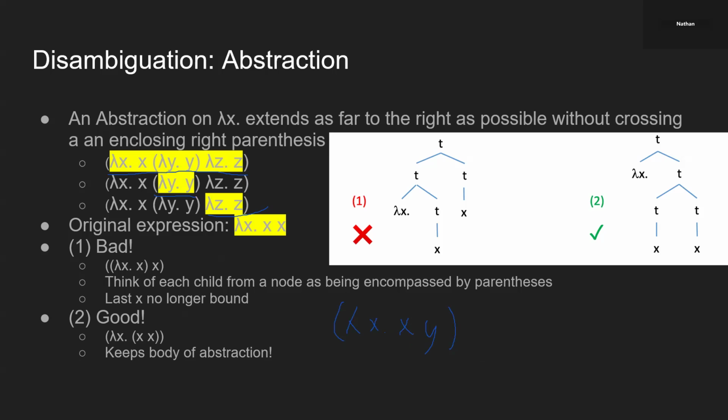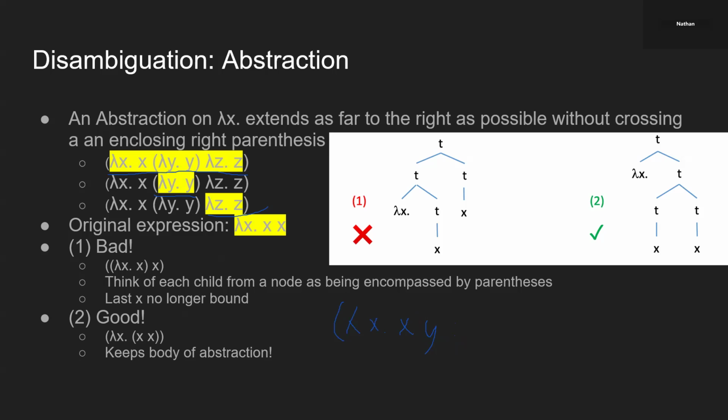If you had this expression and you're doing the next one, application, and you draw parentheses here, then this wouldn't work, because by drawing parentheses around this you're cutting off this y. If this was an x, for example, it would no longer be bound to that lambda x based on how you draw parentheses.